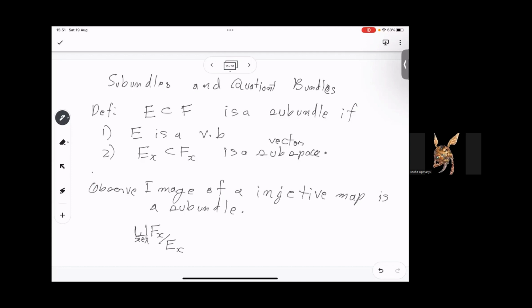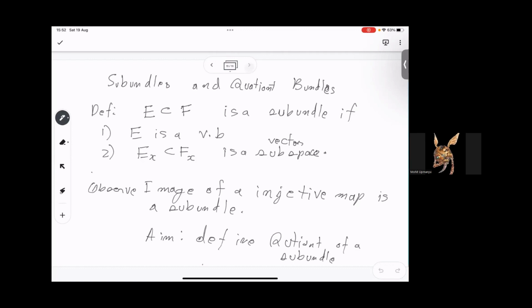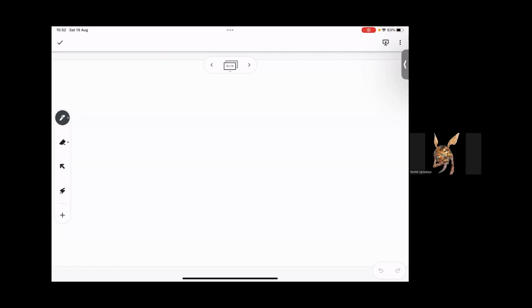In particular, if we have a subbundle, can we define a quotient? This is all we are really asking here. Aim: define the quotient. That's the aim.